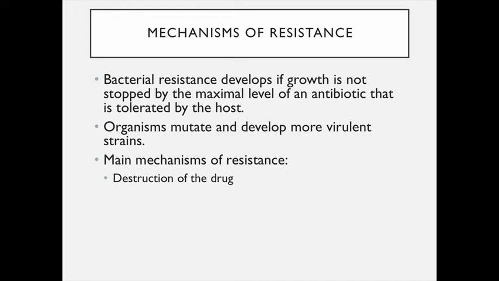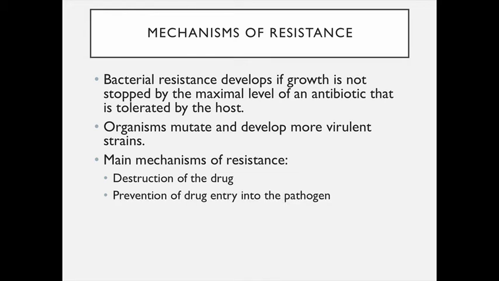Penicillin is one of those, and the microbes basically started producing an enzyme called beta-lactamase that splits the active portion of the drug molecule, breaks it up, so it's no longer effective. So the bacteria itself is producing an enzyme that deactivates the drug. That's one mechanism of resistance.